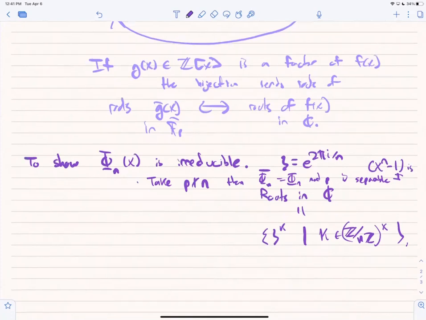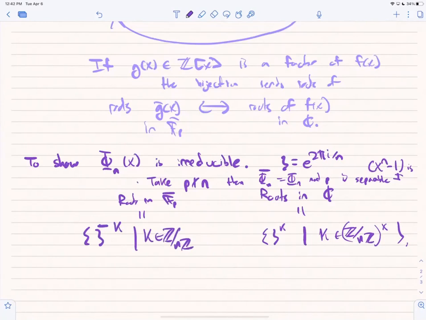So I get this bijection with roots in F_p bar. Again, these are going to be zeta bar to the k, for k in (Z/nZ)^×.